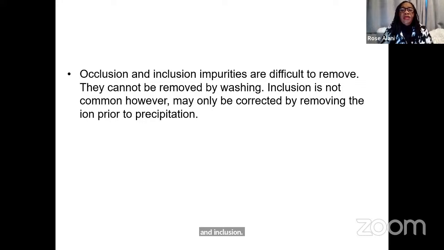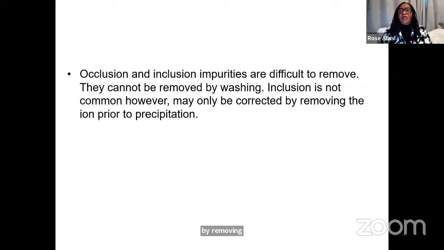So here, occlusion and inclusion impurities are very difficult to remove. They cannot be removed by washing. Inclusion is not common; occlusion is much more common. But it may be corrected by removing the ions prior to precipitation.